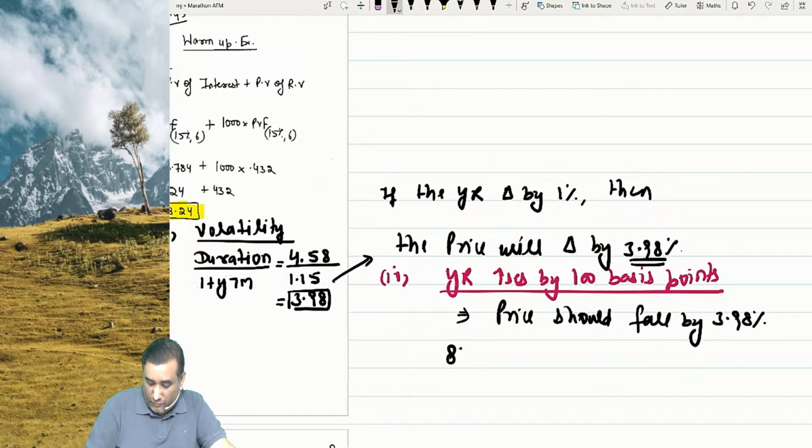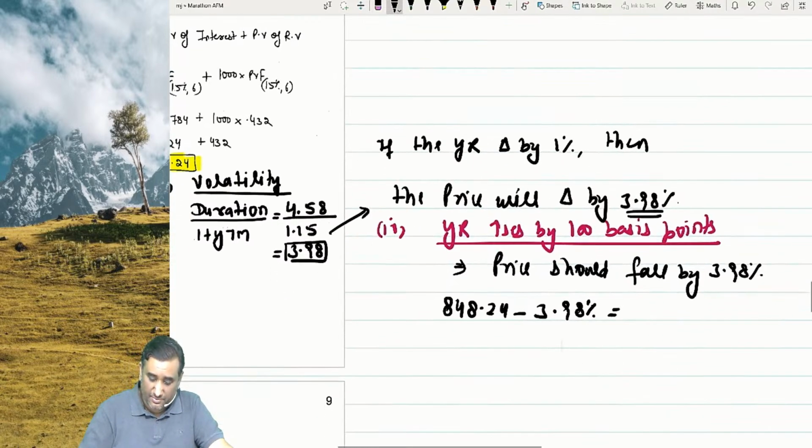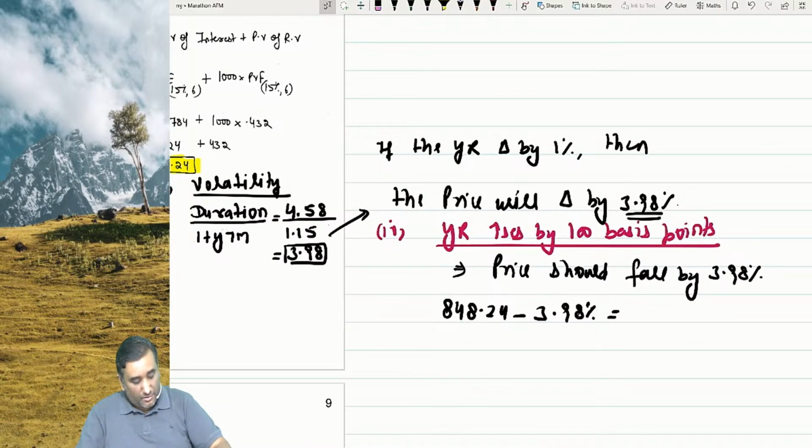That will be 848.24 minus 3.98%, and the answer will fall on the tangent line. It's a straight line relationship. How much do we get? 814.48.